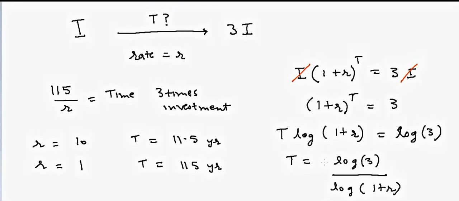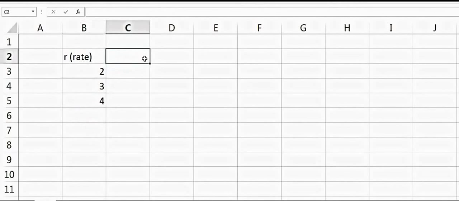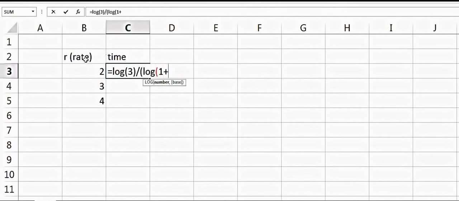If I go to Excel, suppose r is my rate, and the rate varies from 2, 3, 4, and our time will be equal to log of 3 divided by log of 1 plus rate. Right? So this should be our time.